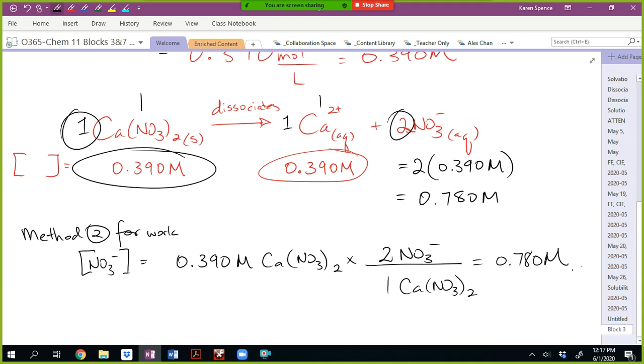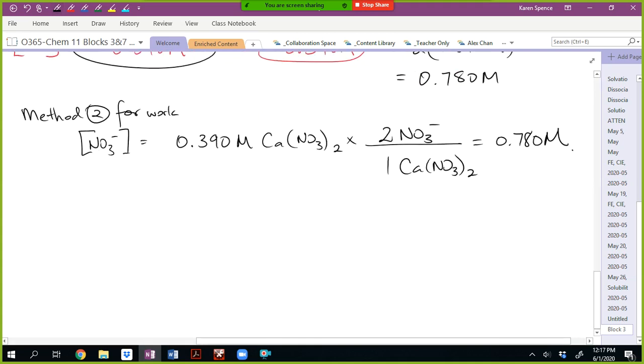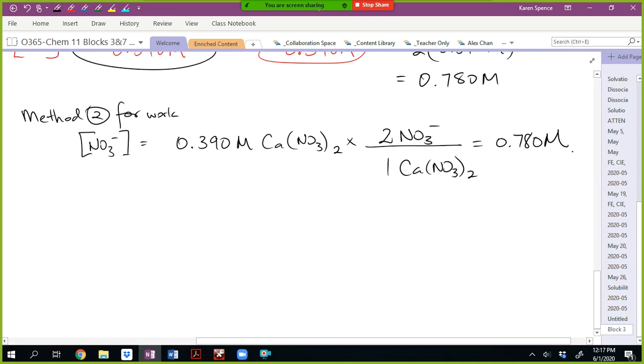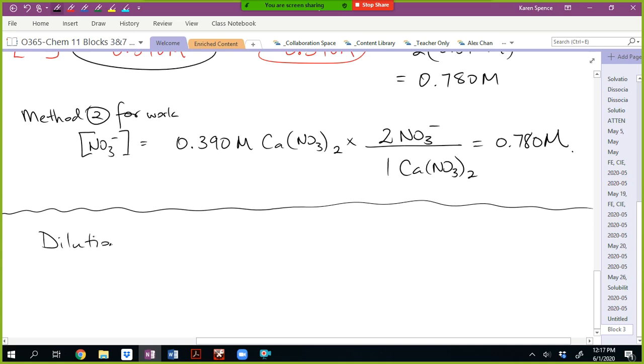And that is really it for ion concentration, which is why we're going to have another topic today, which is dilutions. Remember, when you dilute something, you're making it less concentrated. How do we make something less concentrated?